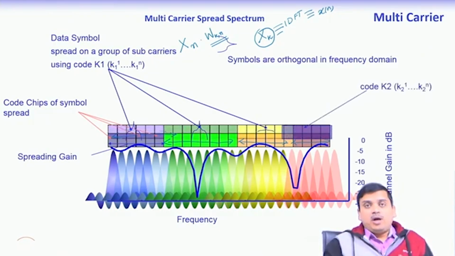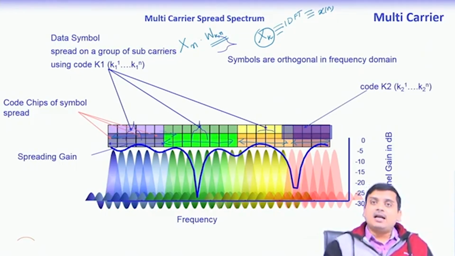If one wants to improve the spectral efficiency, one can assign another symbol on the same set of frequencies. If the codes that are used to spread them have good properties, then one can recover them very easily, right.